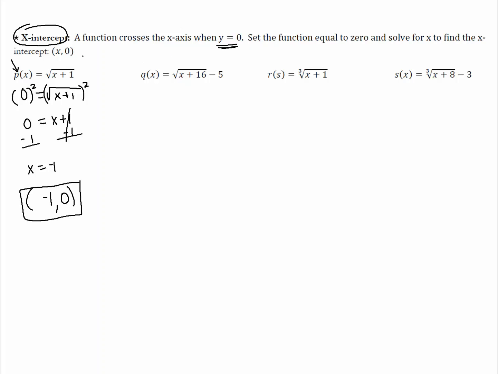Next, since you want the x-intercept, y equals 0. That's your y. 0 equals the square root of x plus 16 minus 5. Now we have to solve this, but we got to get rid of the minus 5 first. So we got to say plus 5, plus 5. This goes away. And now we have 5 equals the square root of x plus 16.